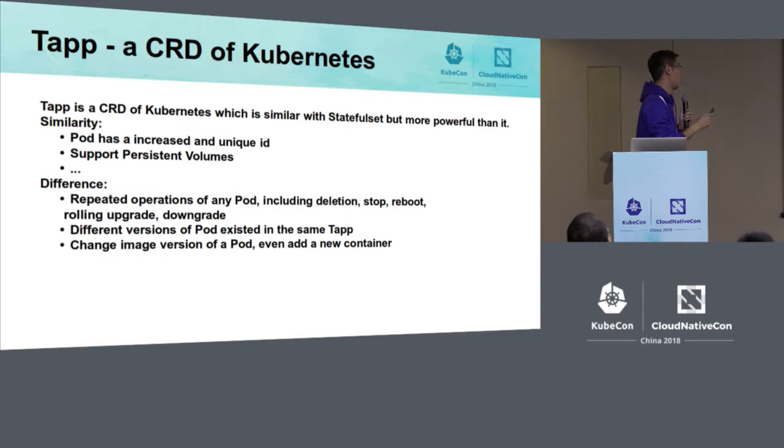Well, StatefulSets must manage the different pods at the same time, but our solution can manage different versions of pods within the same Tapp. That is, we support running different versions of pods in the same Tapp.